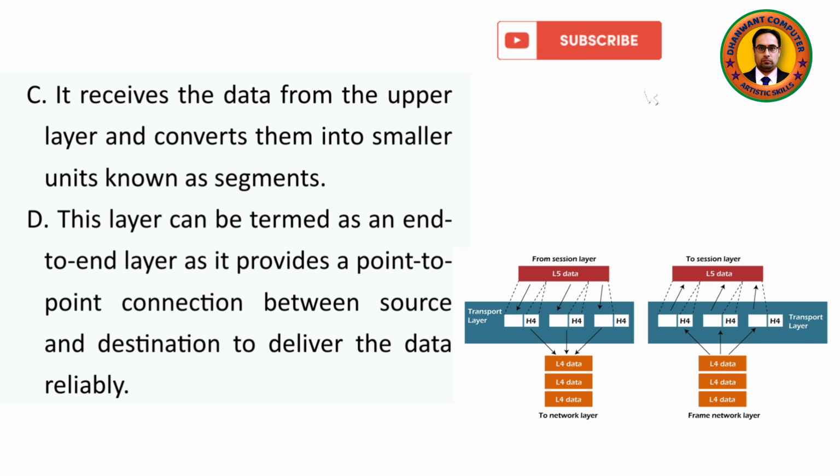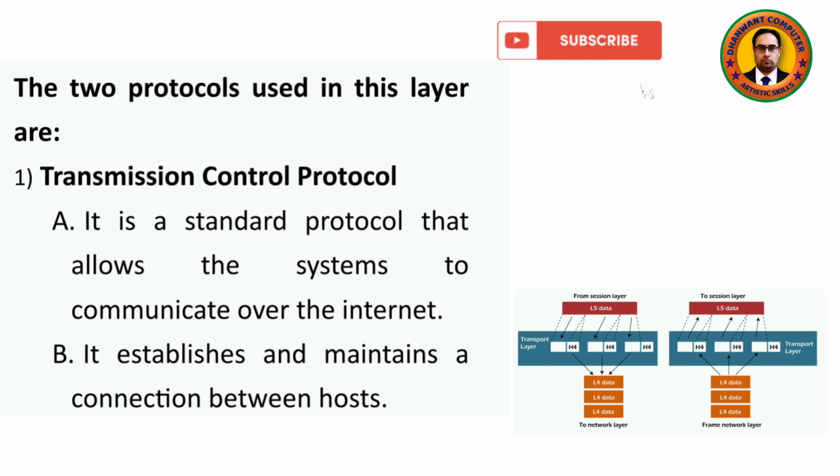deliver the data reliably. The two protocols used in this layer are 1. Transmission Control Protocol. It is a standard protocol that allows the systems to communicate over the Internet. It establishes and maintains a connection between hosts.